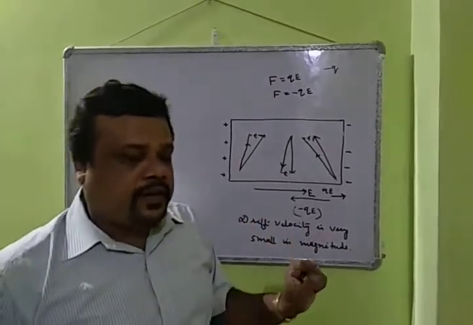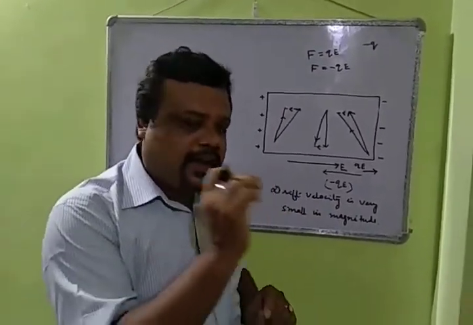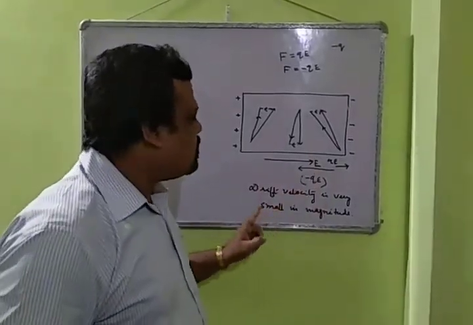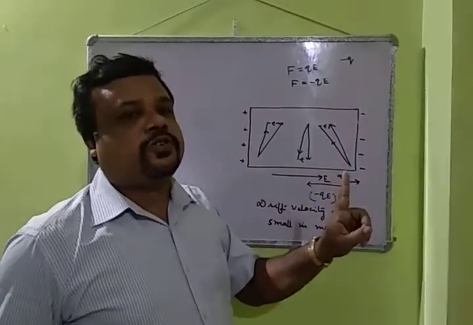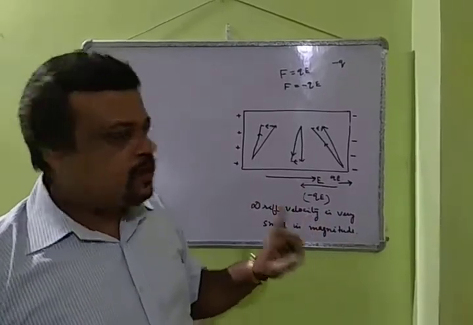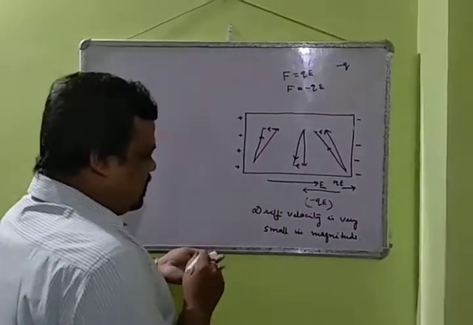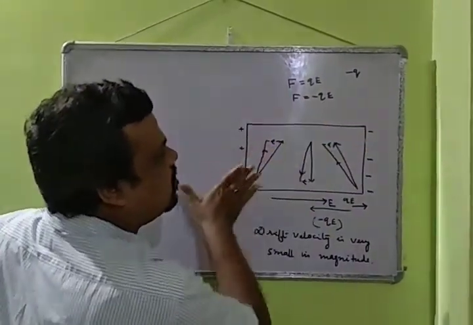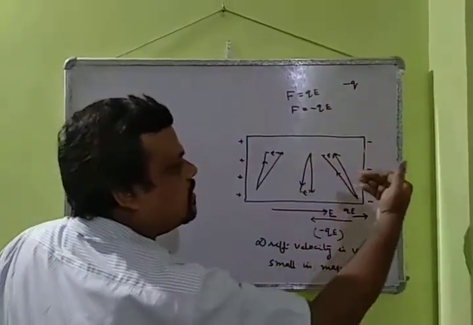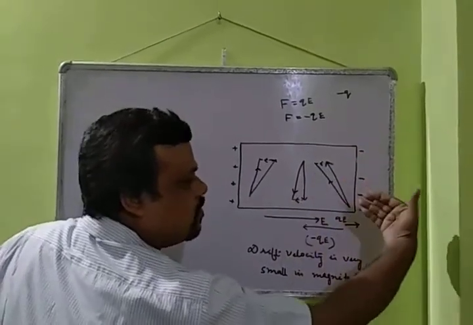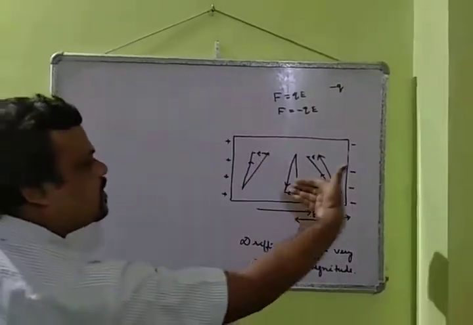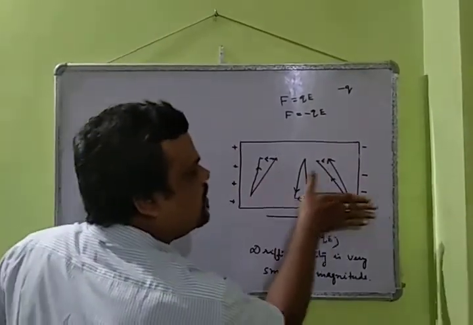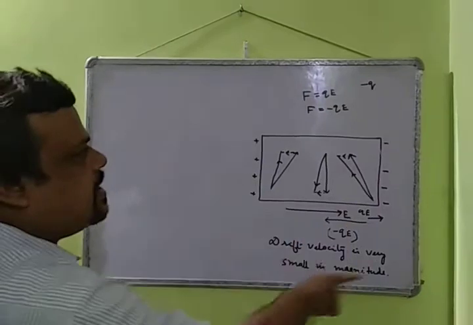But very important, current is generated only because of drift velocity, not because of thermal velocity. When there is a velocity along this direction or this direction, current is not produced. Current is produced only due to the drifting left, if the electric field is acting from positive to negative. This is about drift velocity.